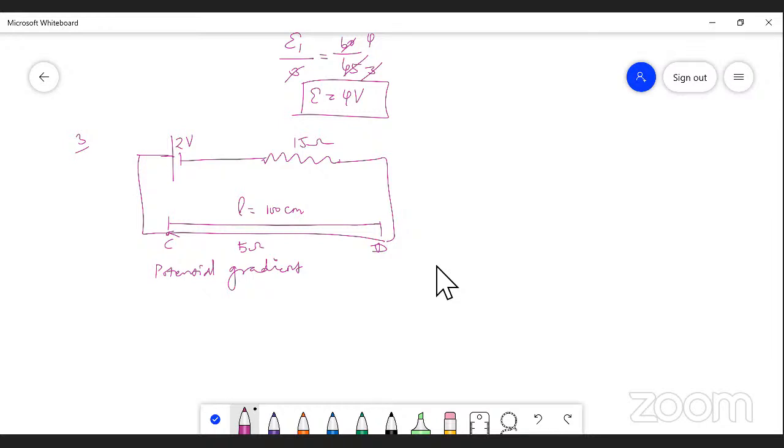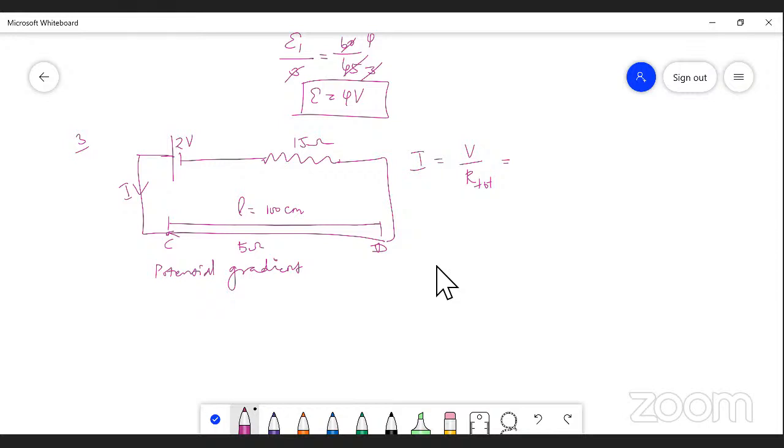See, for the entire circuit, we can calculate the current. Current I equals V divided by R, total resistance. Why am I writing total resistance? Because a 15 ohm resistance, external resistance, is included, and a 5 ohm resistance, which corresponds to the potentiometer wire, is also there in the circuit.